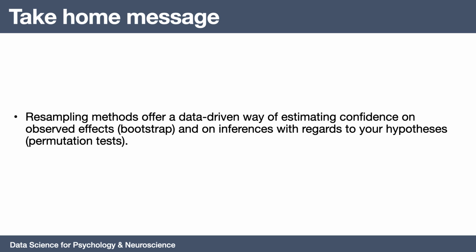They can be done with almost any type of data. So they offer this computationally somewhat expensive ability to directly estimate things that traditionally we have to approximate or estimate hypothetically. So I highly encourage using bootstrapping and permutation tests as the default methods for assessing confidence and your null hypothesis in your empirical data sets.